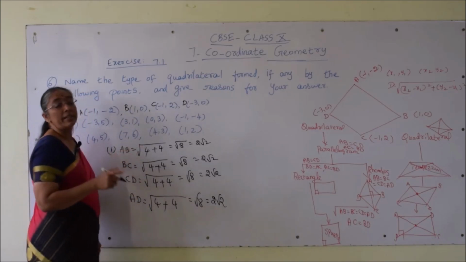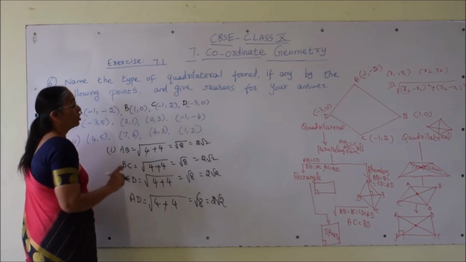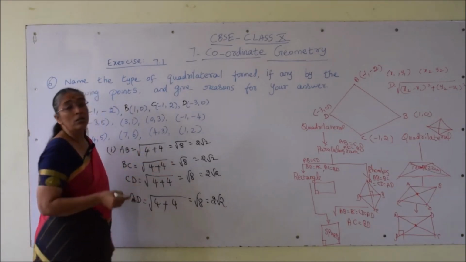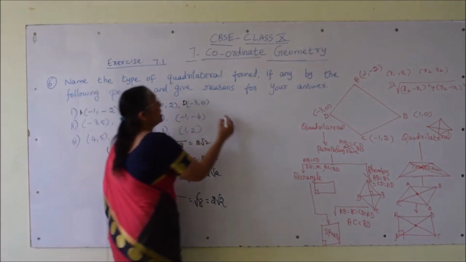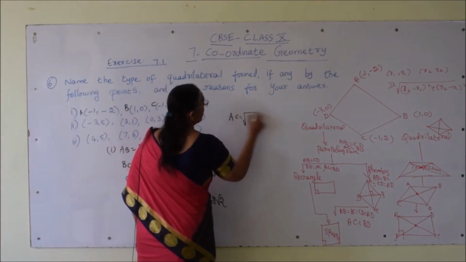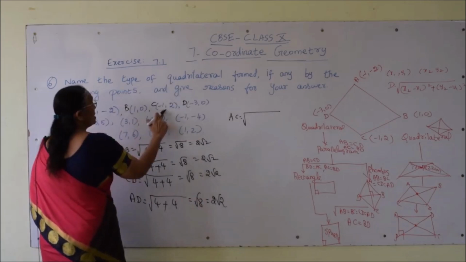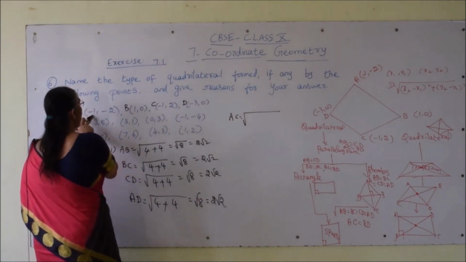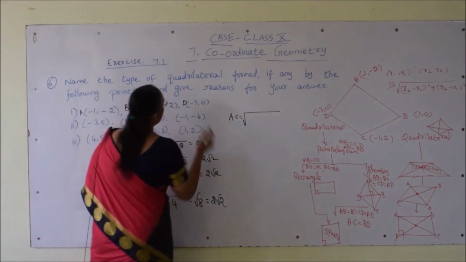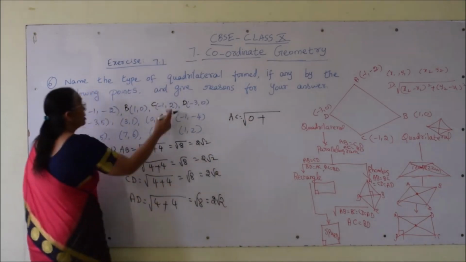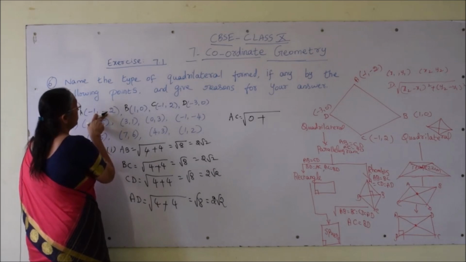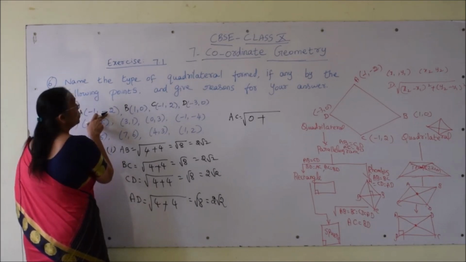Now, let us check whether it is forming a square or not. To check whether it is forming a square or not, we have to check the diagonal lengths. So, the AC length, we take vertex A and vertex C, minus 1 minus of minus 1 whole square, which is minus 1 plus 1 whole square, 0, plus 2 minus of minus 2, which is plus 2.